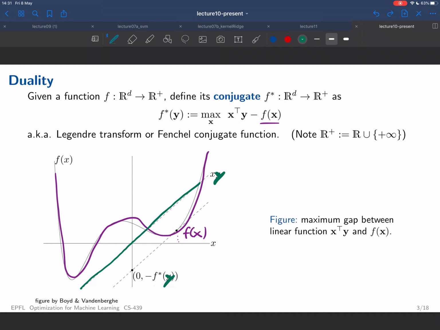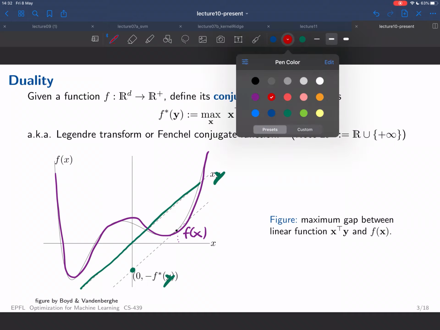How does this work? It turns out, if you just draw in the picture the formula we have defined above, then this is what you get. You get that the value of f star of y is defined by this point here, so that the vertical component of that point is exactly the dual function value, or the value of the conjugate function for the given y.